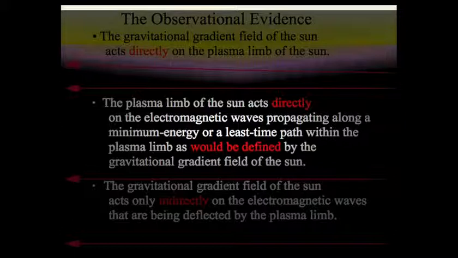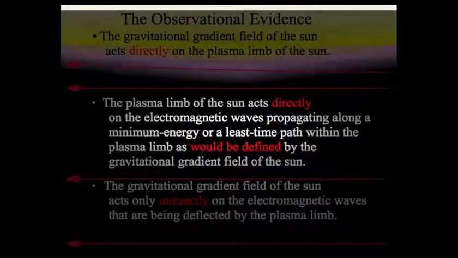And it turns out that that plasma rim is being acted on by the gravitational gradient of the sun, and it has a gravitational profile. And when light, or microwaves, or whatever waves propagate through it, you can determine the path of the waves propagating through that, and there's a calculation that allows you to get that. What happens is this plasma limb of the sun acts directly on the electromagnetic waves propagating along the minimum energy path.